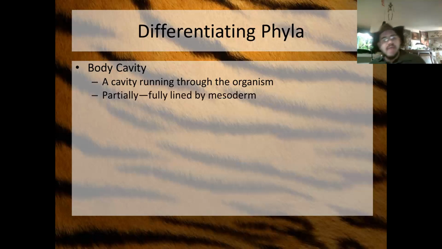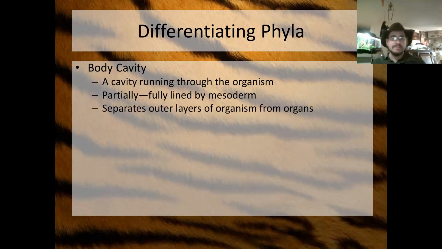You can have a body cavity that is partially to fully lined by mesoderm. So mesoderm is that middle tissue. So it may only be partially lined by mesoderm, or it may be fully lined by mesoderm. And basically it separates the outer layers of the organism from the organs.